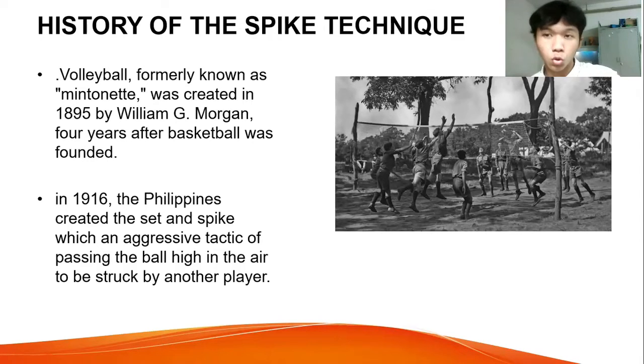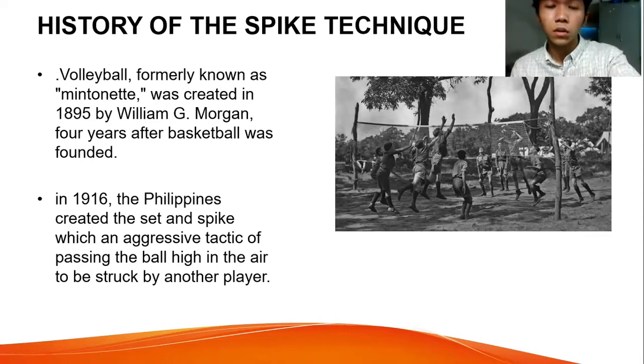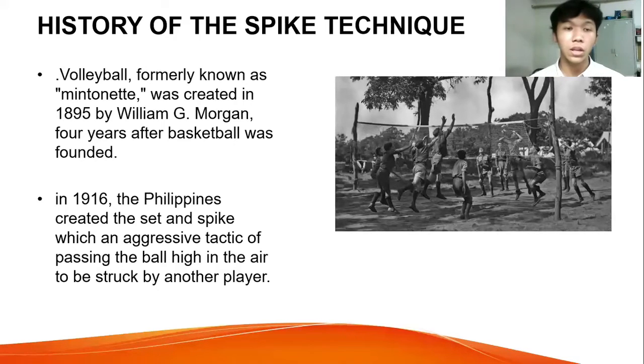When a sport is created, a lot of techniques and movements are created too. So, in 1916, the Philippines created the set and spike, an aggressive tactic of passing the ball high in the air to be attacked by another player.